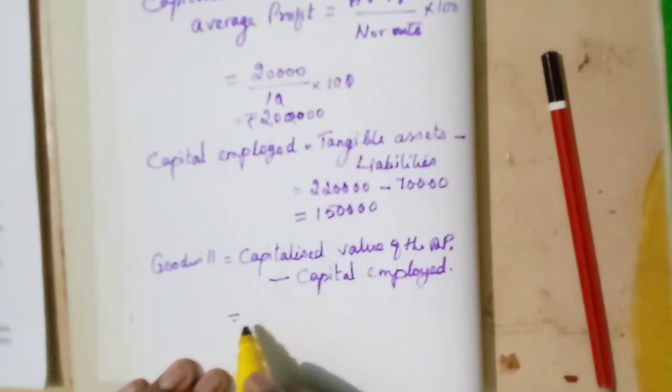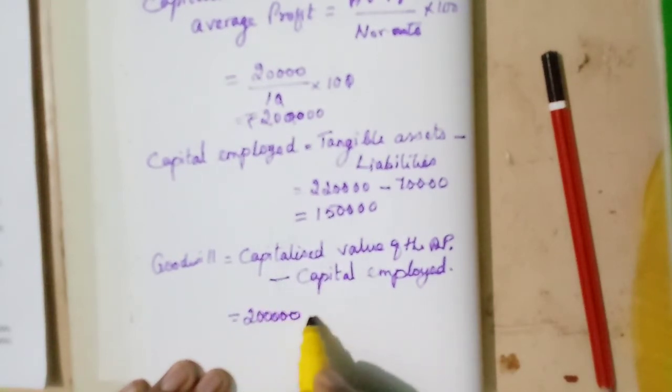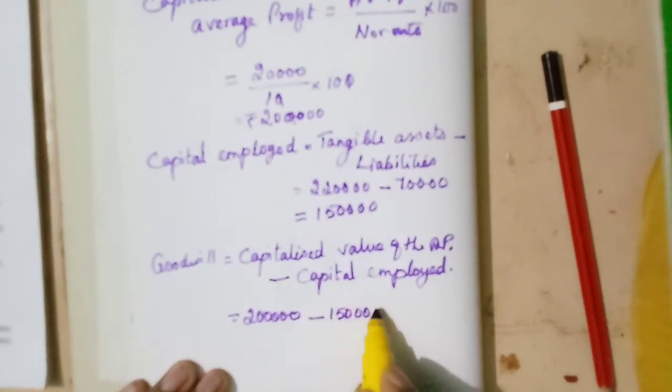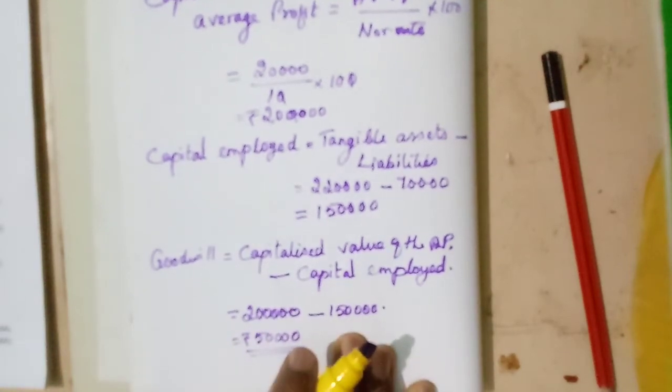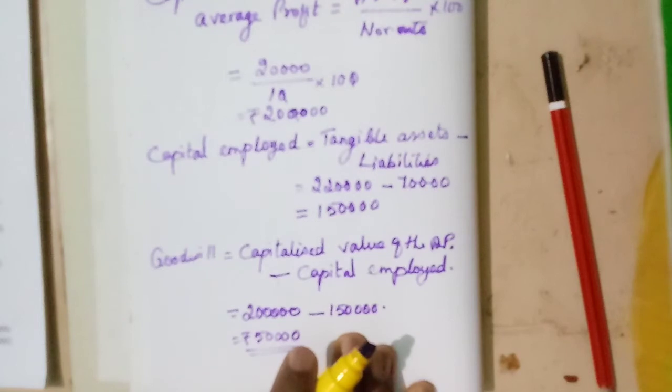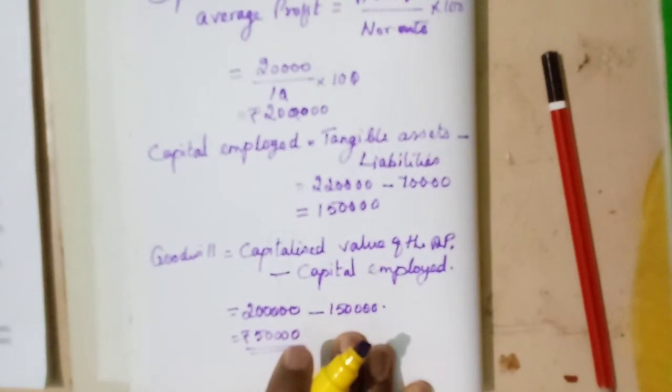Capitalized value of the average profit is 2 lakh minus capital employed 1,50,000. So 2 lakh minus 1,50,000, we will get 50,000 rupees. That is the goodwill.